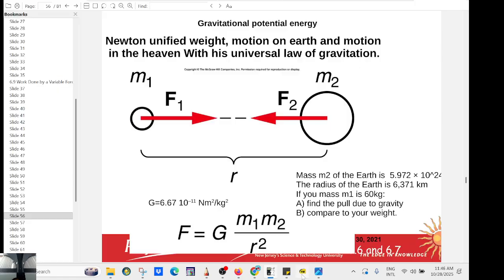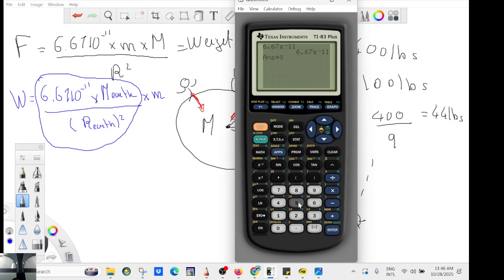The mass of the Earth, 5.972 times 10 to the 24. Is that right? Divided by the radius, so it's 6,000 kilometers, 6371, convert to meters, you square, what do you get?